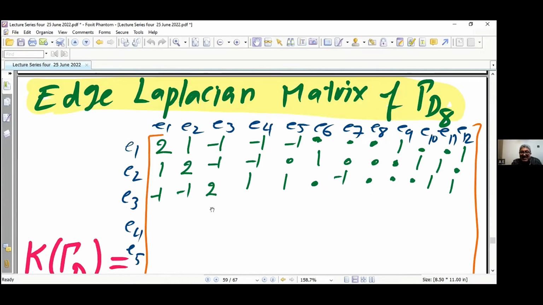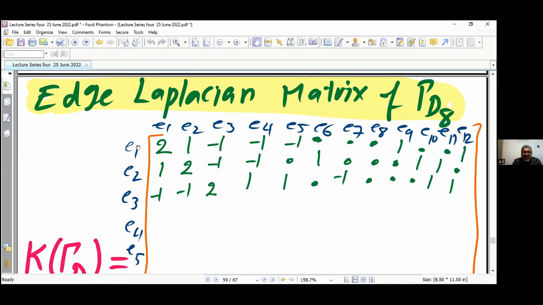Just let me explain for rows, for example, 1 and 2. For row 1, look at E1. As you know, by the definition of the edge Laplacian matrix, on the diagonal we always have 2.